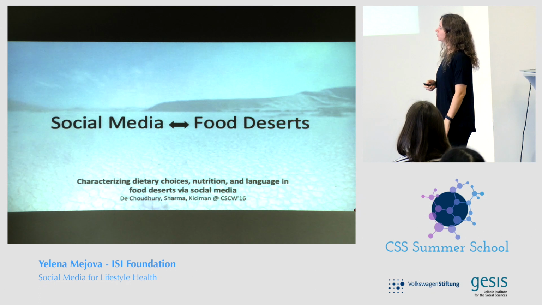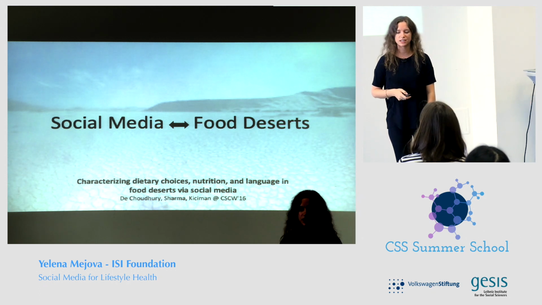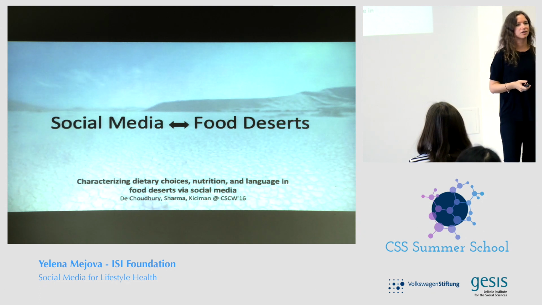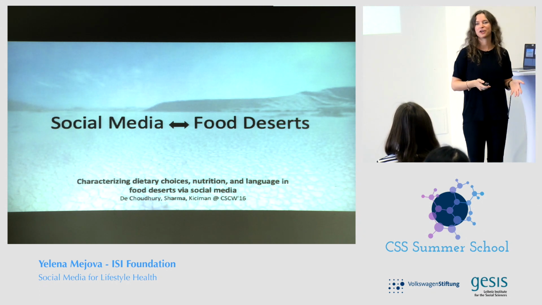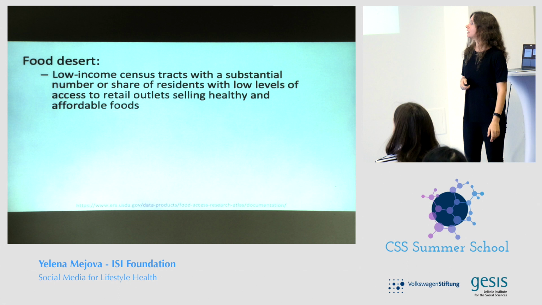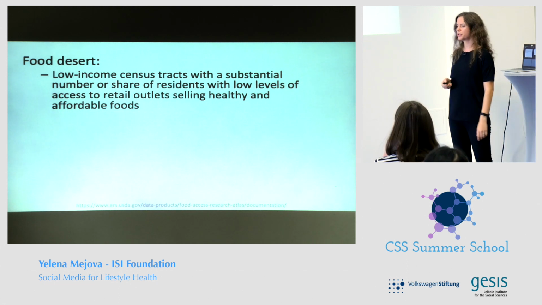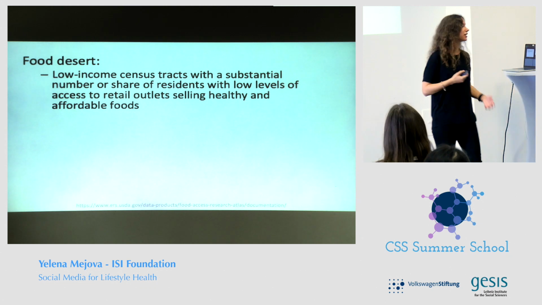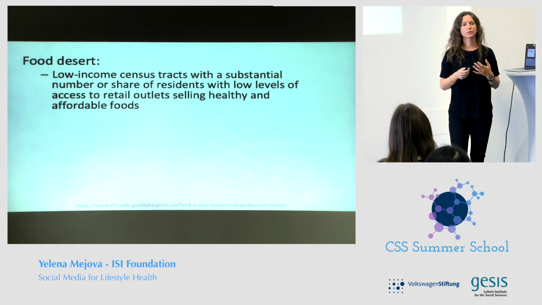So another thing we can look at through social media is identifying actual places where the health environment can be bad. For example, this study looks at food deserts, which are places where it's hard to get fresh food.